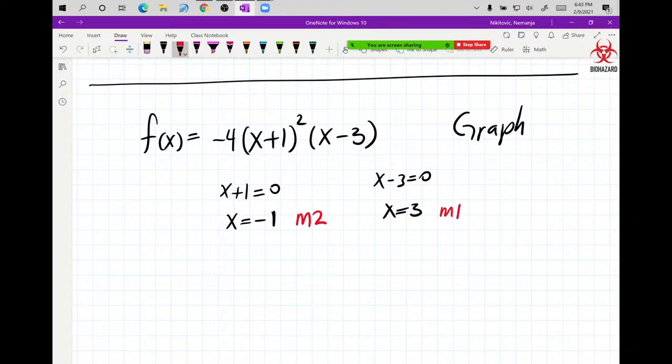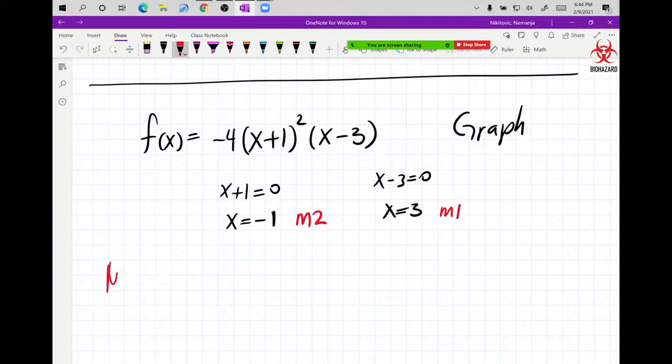So what are these? M1, M2, maybe M3, M6? Those are how many of the same roots you have, right, as a solution of your equation.